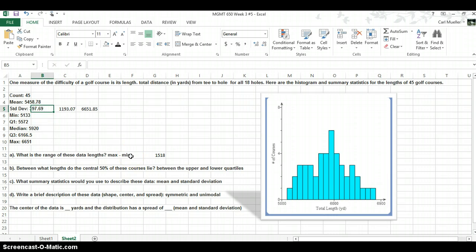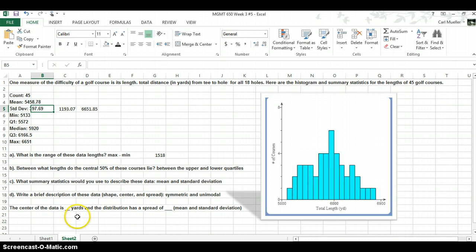And so the next question, relative to our homework, is to write a brief description of these data: shape, center, spread. In this case, this is symmetrical and unimodal. Remember, we answered it earlier, just getting ahead of ourselves, but it's also symmetrical in that there's a distribution on each side, and it is a clean line chart.